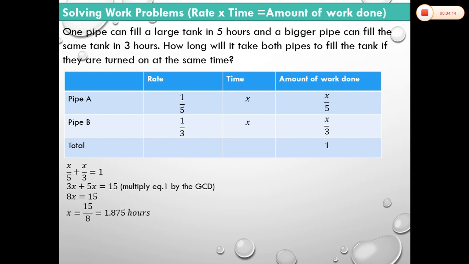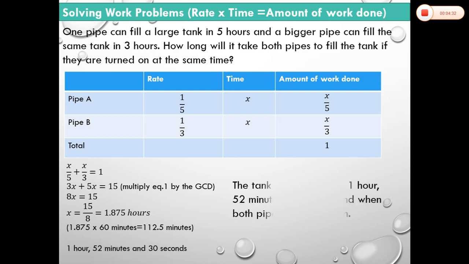Dividing both sides by 8, we have 1.875 hours. Converting that into minutes, we have 112.5 minutes or 1 hour, 52 minutes, and 30 seconds. So the tank can be filled in 1 hour, 52 minutes, and 30 seconds when both pipes are turned on.